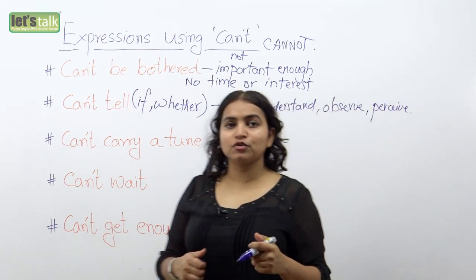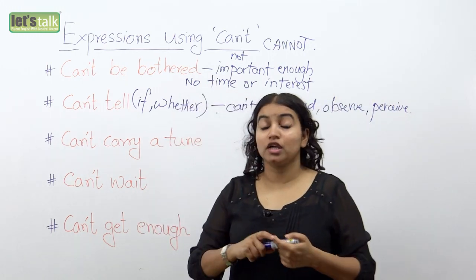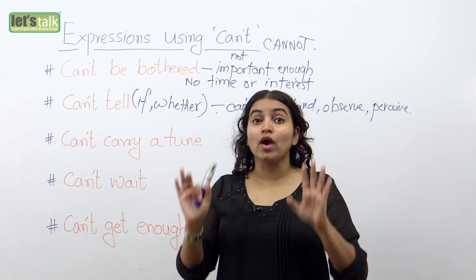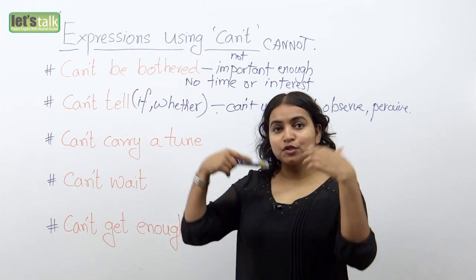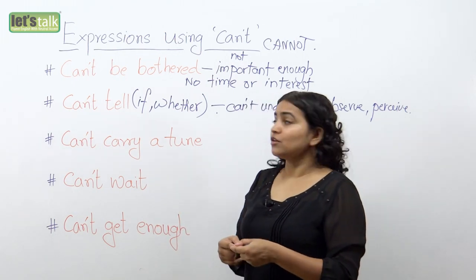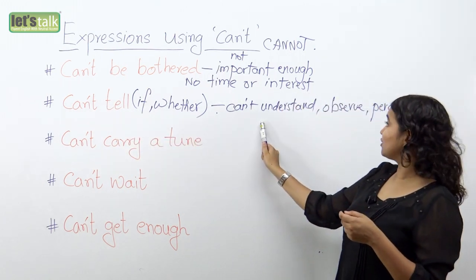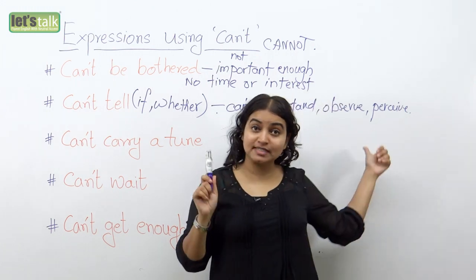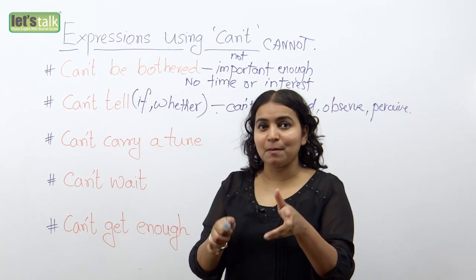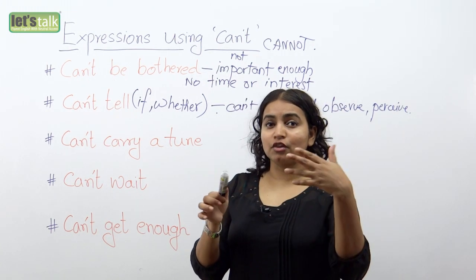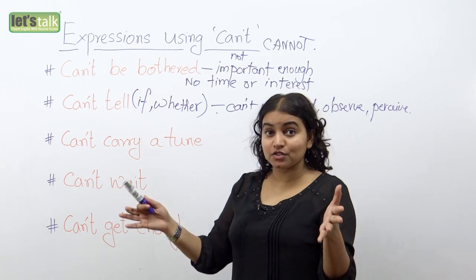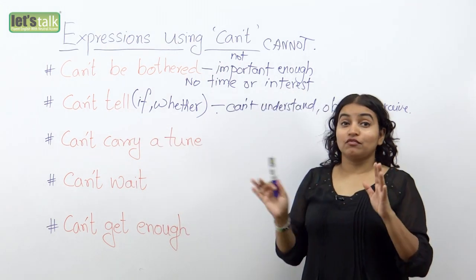So suppose you are in a dark room, okay, or in a room which is not very well lit, and there is a beautiful dress, okay, but you can't tell, or you can't understand or observe or perceive the difference between the color blue and black, because the room is not very well lit.